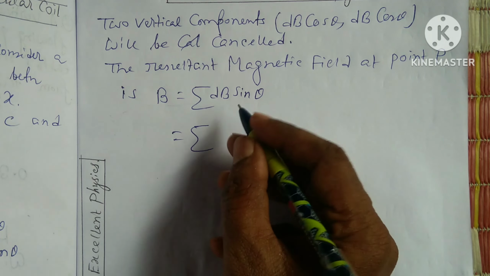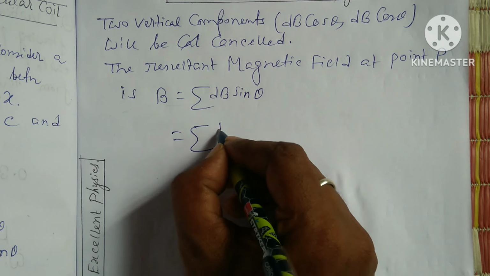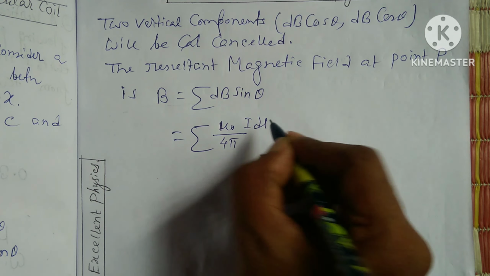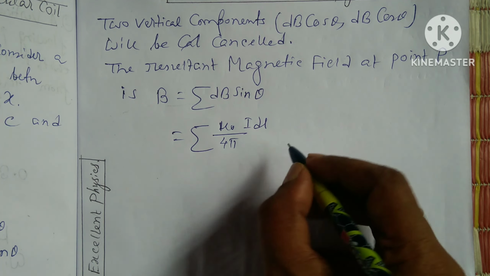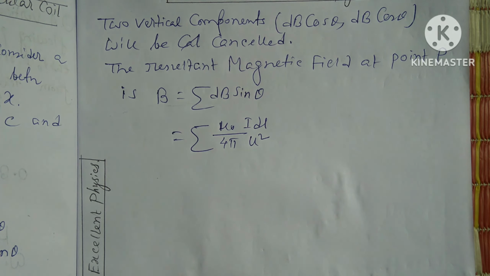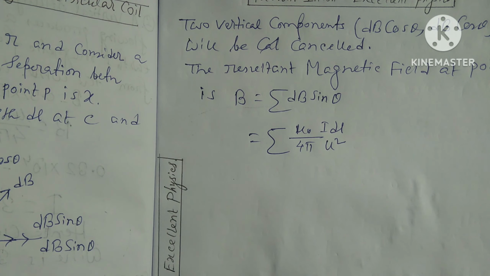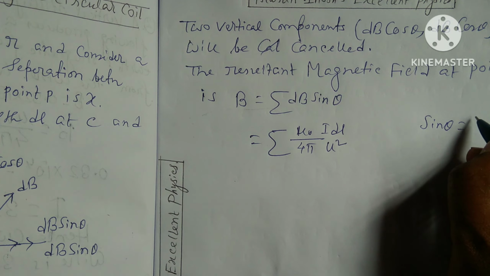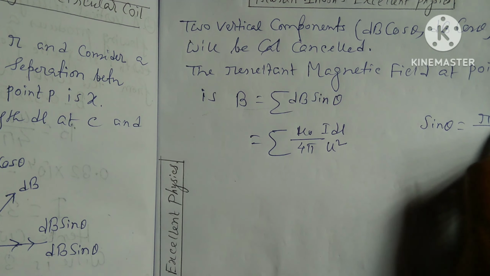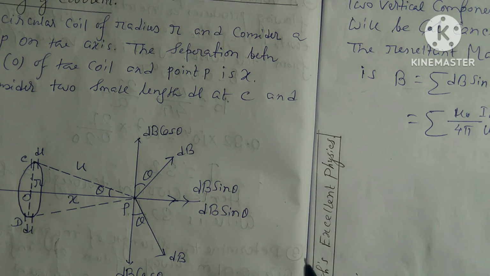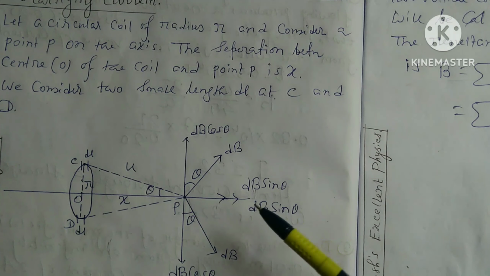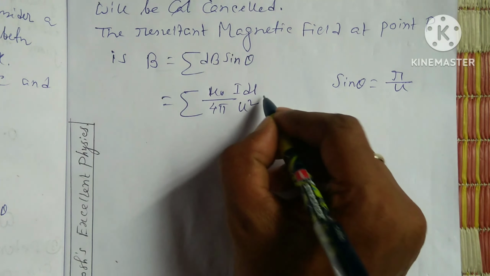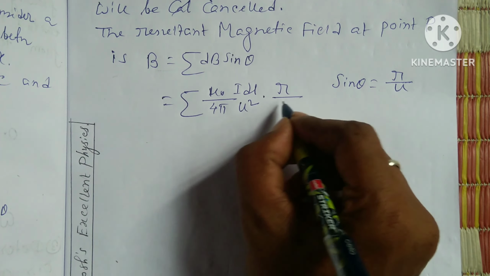So summation of mu 0 by 4 pi I dl by u square. From this diagram we get sin theta equal to r by u. This is r, this is u. So r by u.